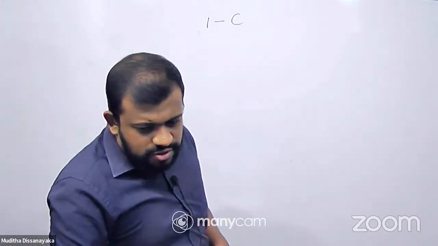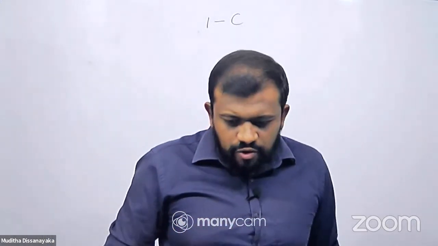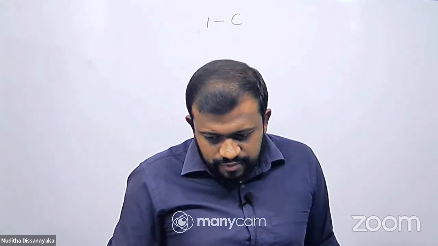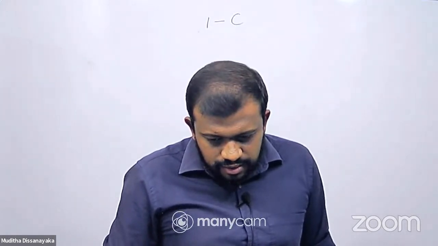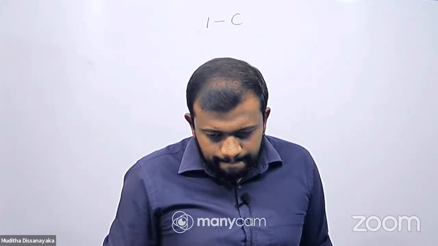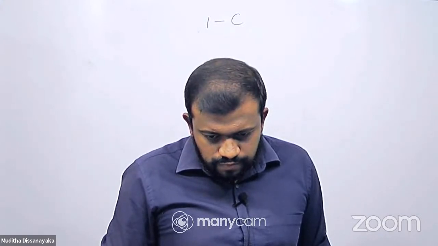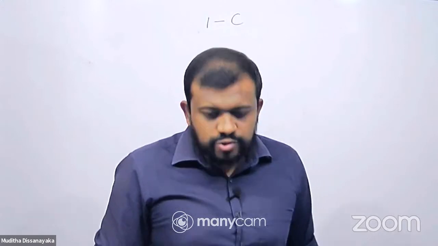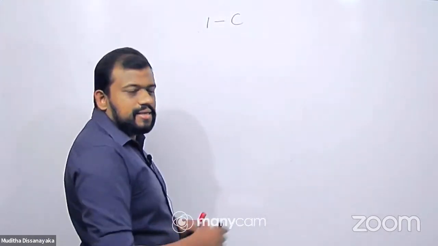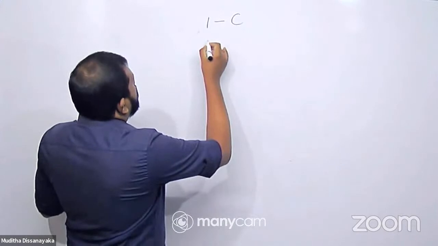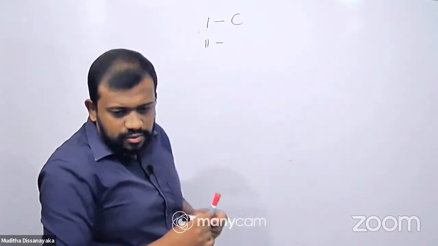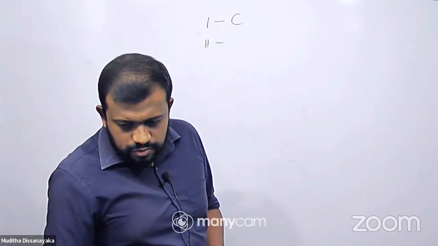Number 2. Photosynthetic protozoa containing chlorophyll, algae and protozoa. Euglena. Number 2, Euglena.